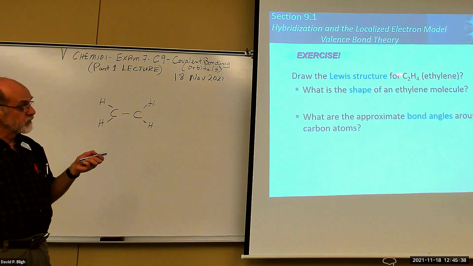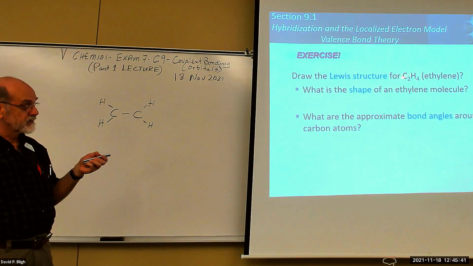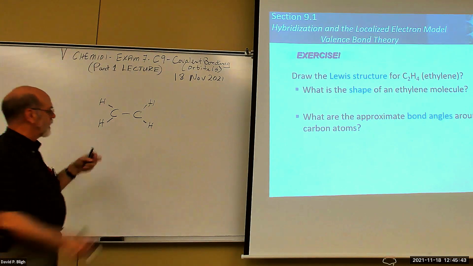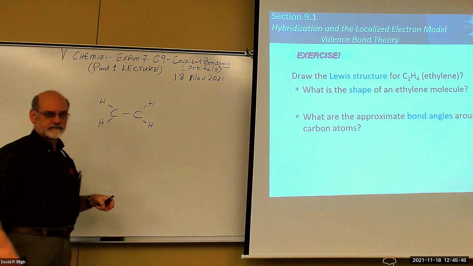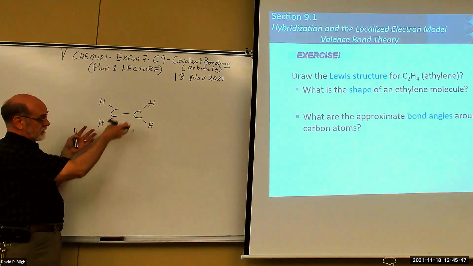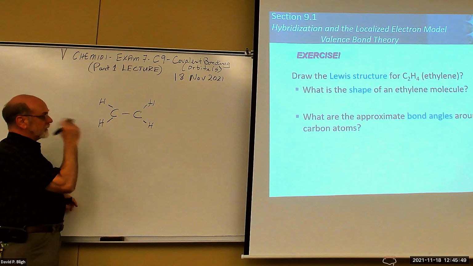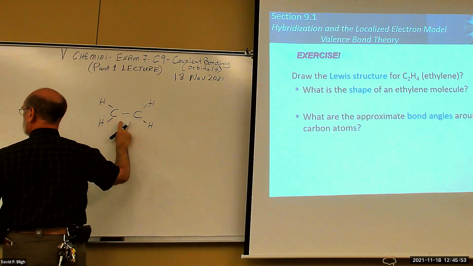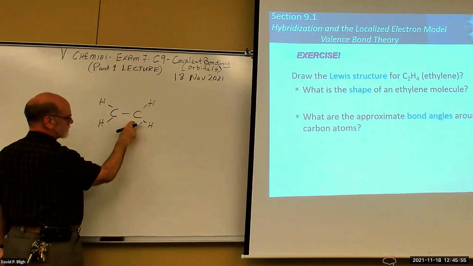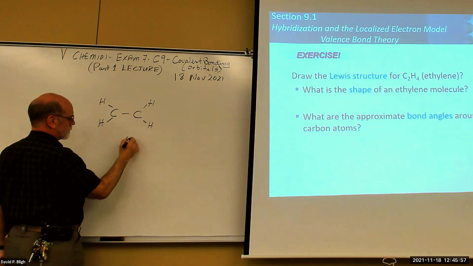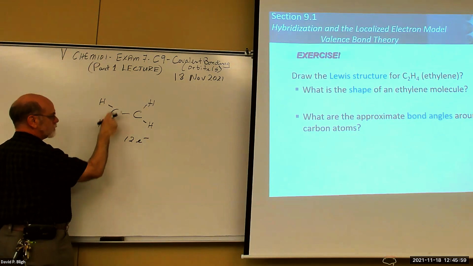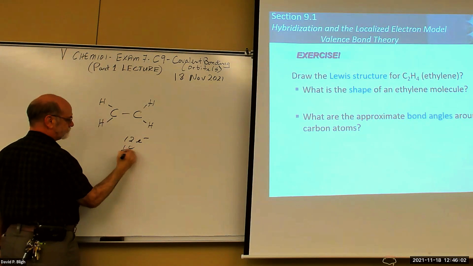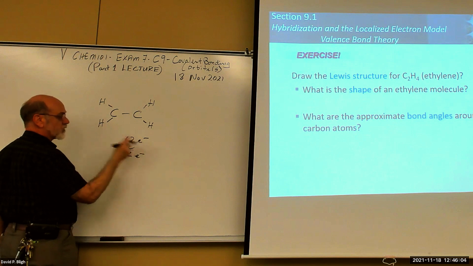When you see it written like this, those 2 carbons are bound together, and then the hydrogens are bound to the carbons like this in a balanced fashion. So we have 4, 8, and 4 is 12 valence electrons. 2, 4, 6, 8, 10. So it means we have 2 electrons left over.